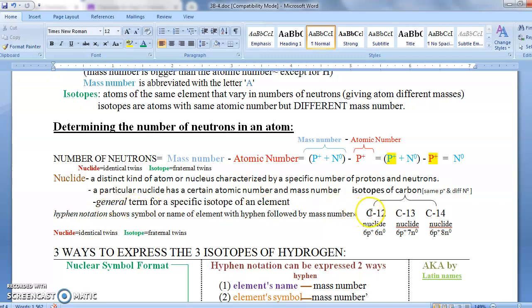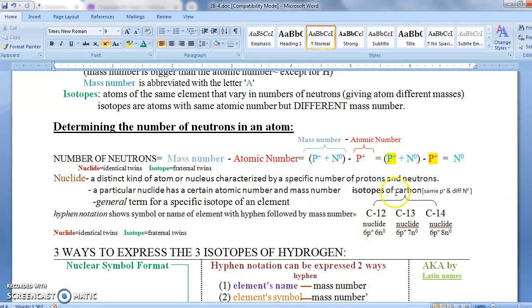Now, the word nuclide is under each of these. A nuclide is a distinct kind of atom characterized by having a certain number of protons and neutrons. So the carbon-12 isotope is a nuclide with 6 protons and 6 neutrons.